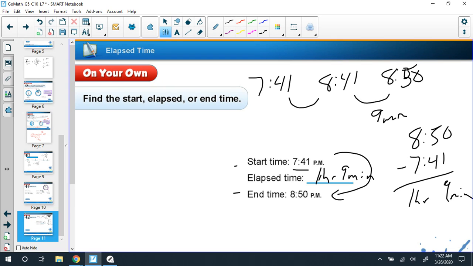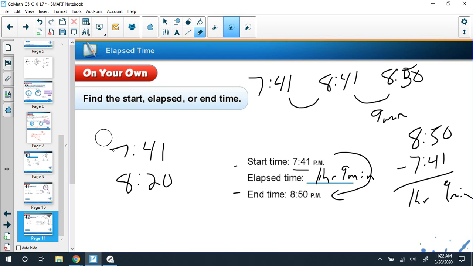But let's say that instead of our event ending at 8:50, let's say that our event had ended at, say, 8:20. Would this idea still work, right? Like, which number do we put on top? Because if we put it this way, it doesn't work out, right?